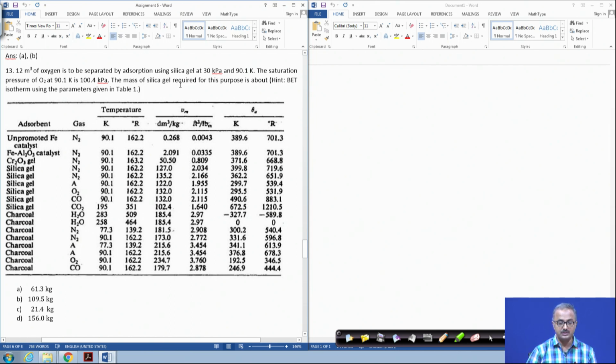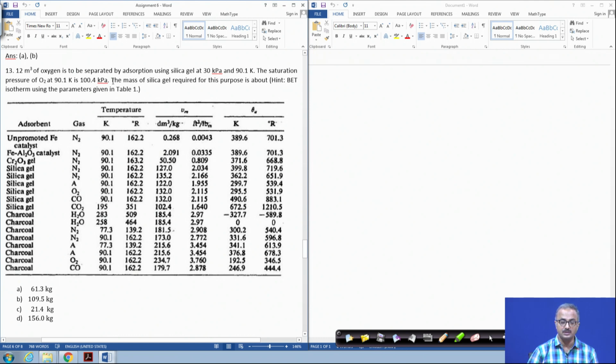At this pressure and temperature we have to adsorb this oxygen, and the vapor pressure of oxygen at saturation at this temperature is 100.4 kilopascal.